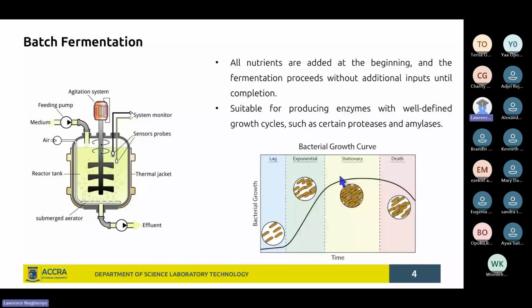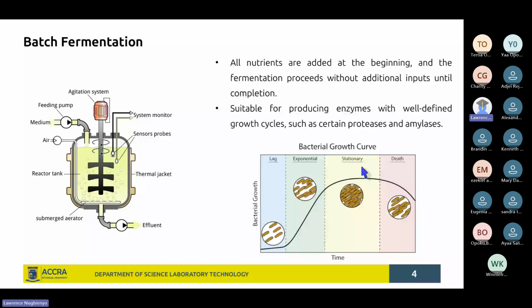You now apply this industrially, knowing that when you introduce a bacteria to a medium, it takes a certain time for the bacteria to grow at an exponential level, and then it reaches a point where it's at a stationary level, and you can have the highest amount of the product you are looking for being produced. So you can determine your production time just by knowing this life cycle of the bacteria.